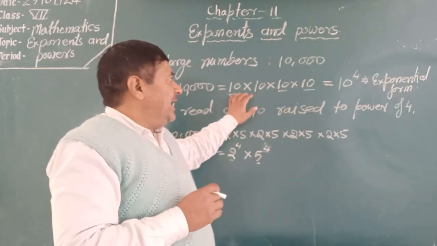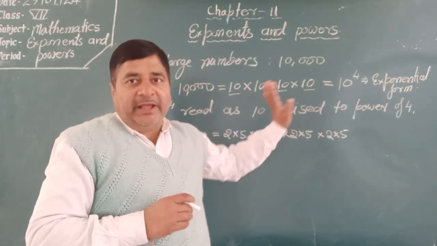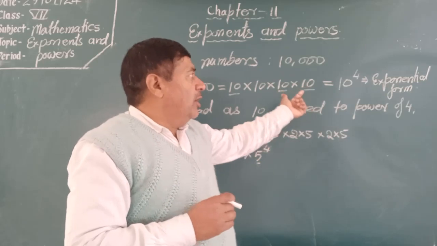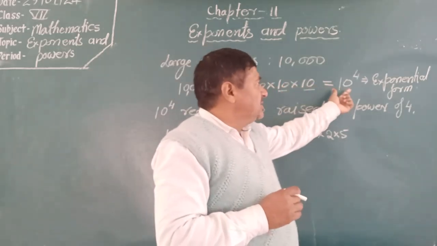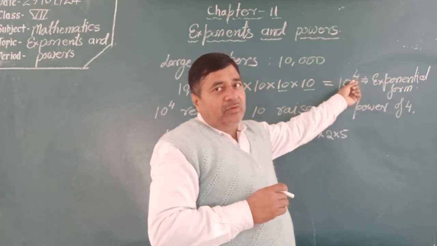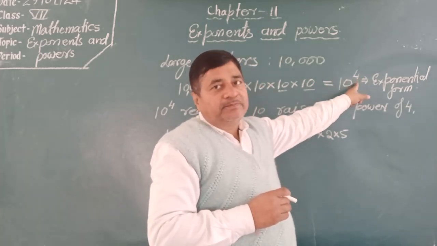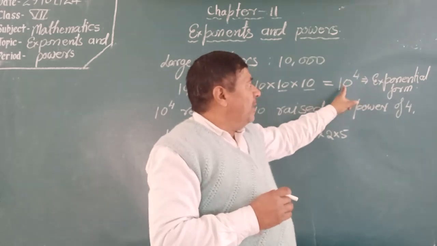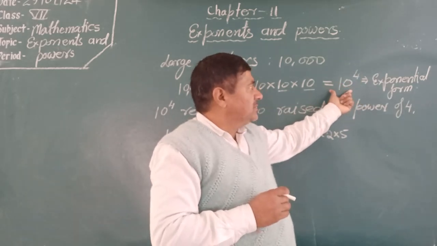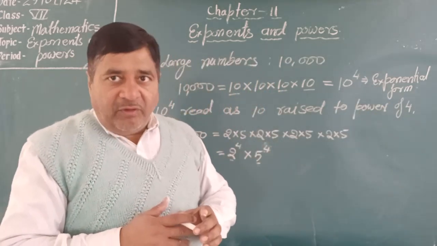That means 10 is multiplied 4 times. So we can write this number as 10 raised to the power 4. The 4 times we write at the top, and this type of number is in exponential form.